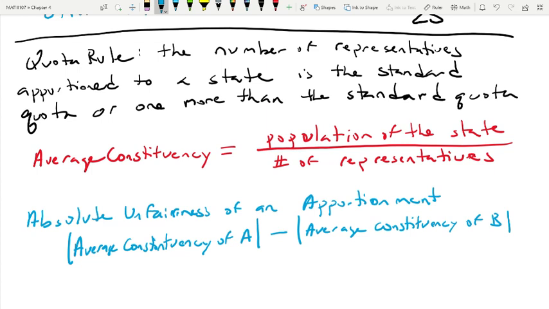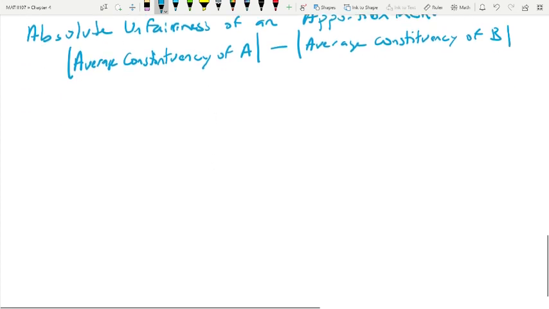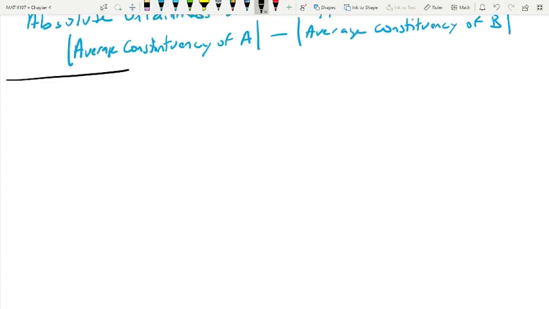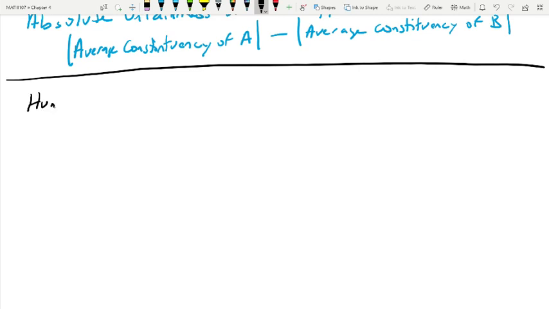So another method of doing this is the Huntington Hill apportionment method.